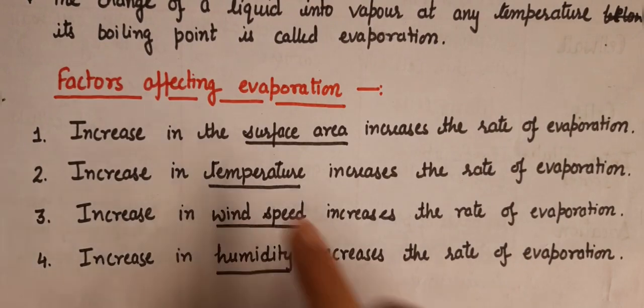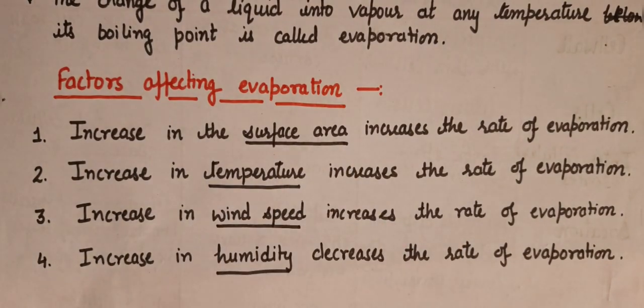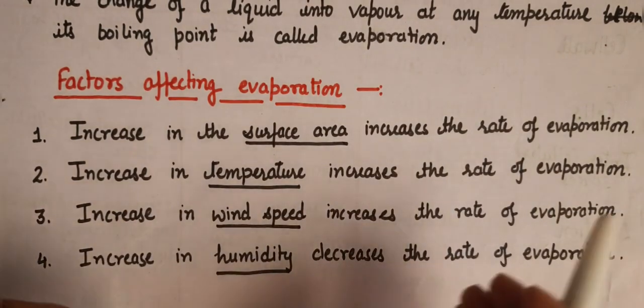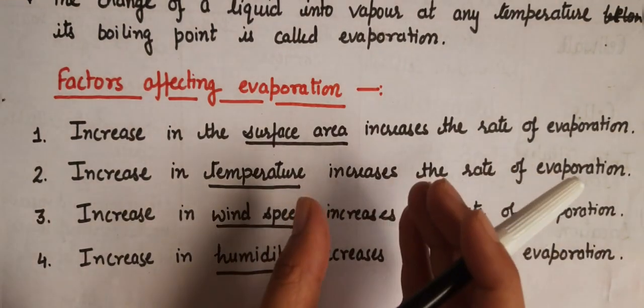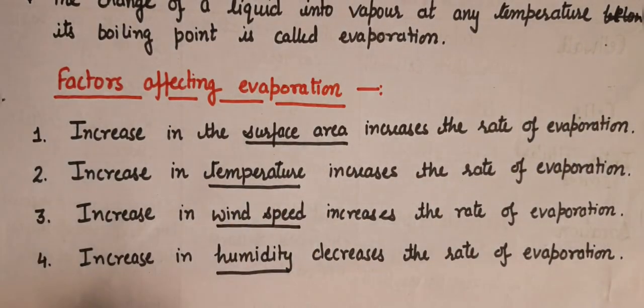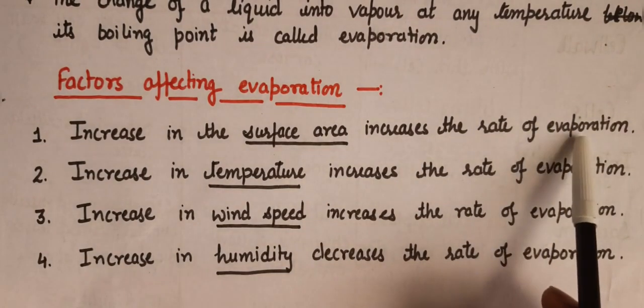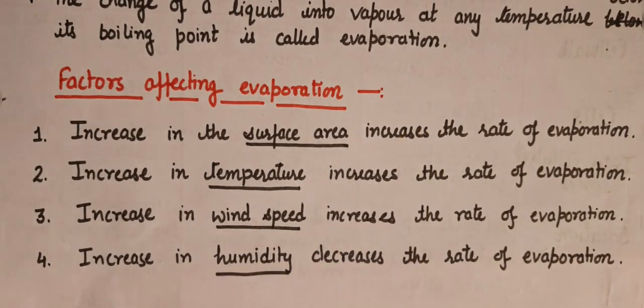Now, if we increase the surface area, for example, I kept water in a tub and I kept water in a bucket. Which has more surface area? Yes, the tub has more surface area.